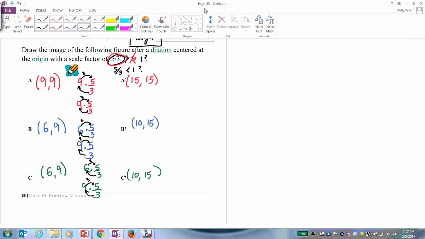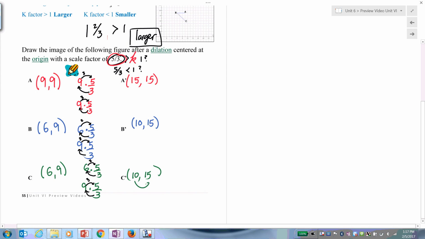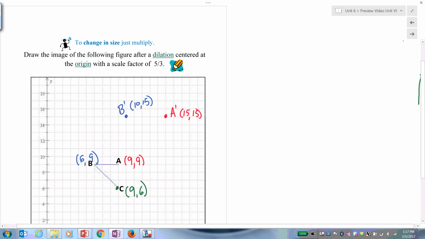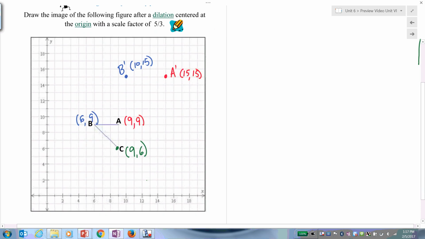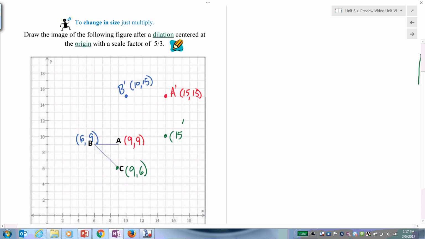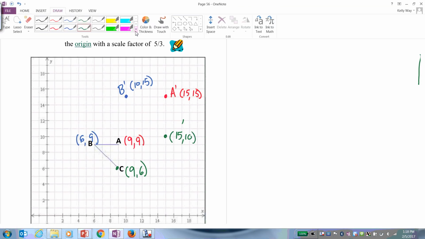Got that backwards. It is 9, 6, not 6, 9. So we're going to flip these around. So we come over here, and it's 15 and 10, of course, because it should be the exact same image. It's a good little check, but just a different size. If you end up with a different kind of image, you know you've done something wrong.